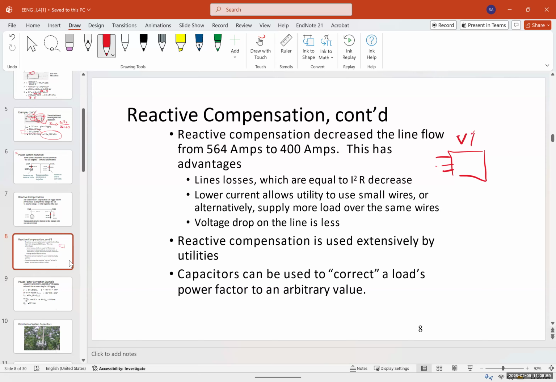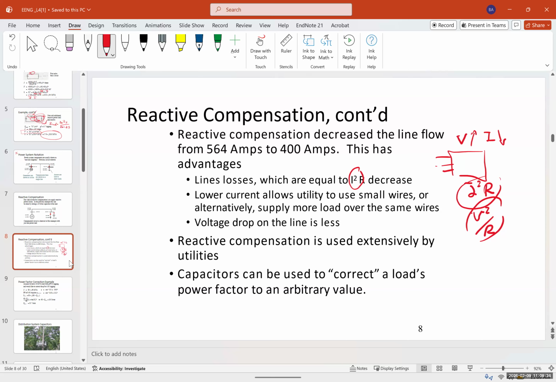We increase the voltage and we decrease the current. Why? Because the current has a higher effect compared to the voltage on the amount of loss we have. The loss for current is I squared R, but for voltage it's going to be V squared over R. So there's a huge difference between that.